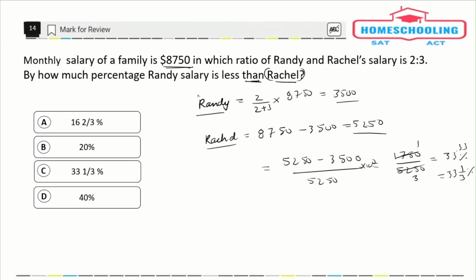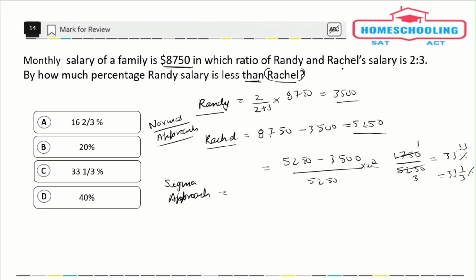So this is the normal approach. But in the exam, because the salaries are given in ratio and the whole family salary is 8750, now I'll tell you the sigma approach. We have to find by what percentage Randy's salary is less than Rachel's.